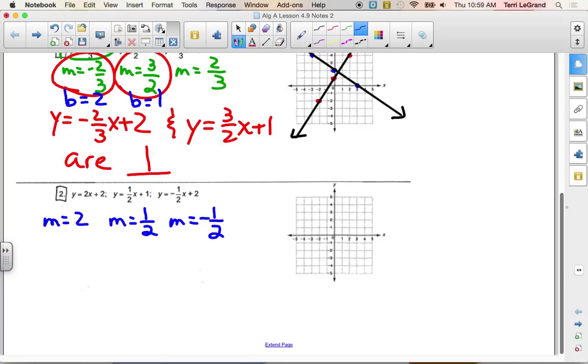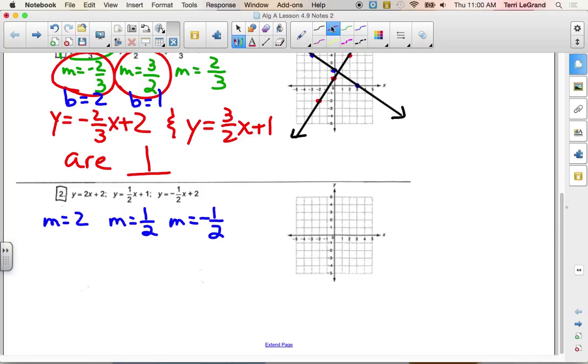Now I get the first one has a slope of 2, the second one has a slope of 1/2, and the third one has a slope of negative 1/2. Okay. So I'm going to look at that 2 and I'm going to say, what's its reciprocal? 1/2. 2 is positive though, so then my 1/2 has to be negative. They have to have opposite signs and they have to be reciprocals.